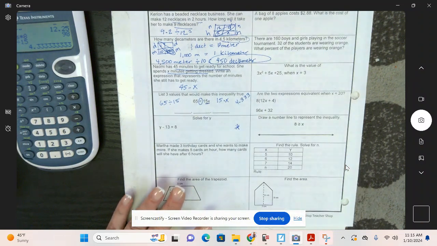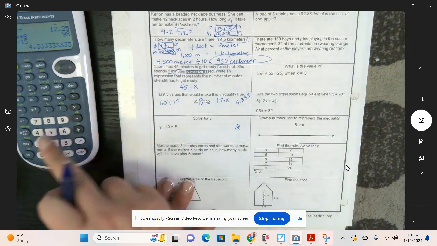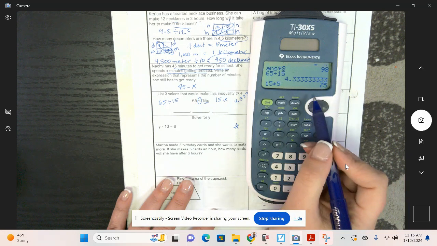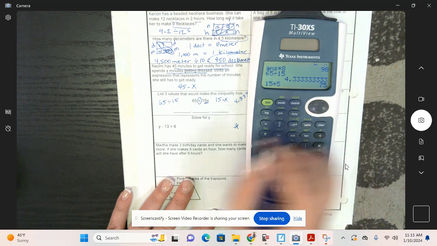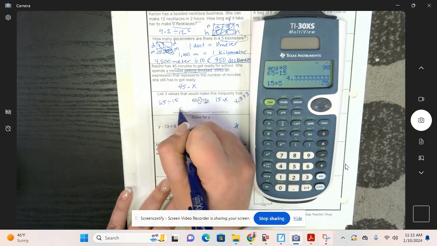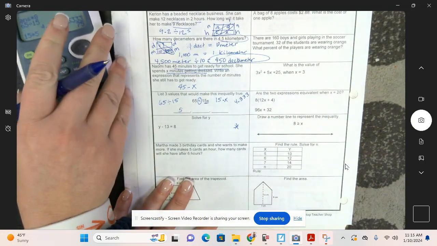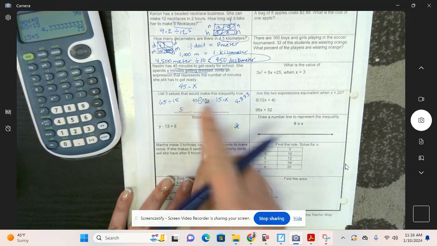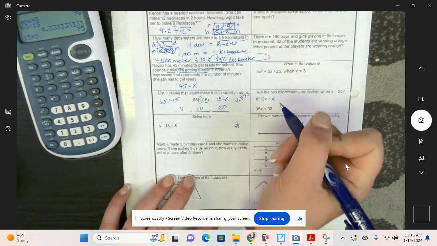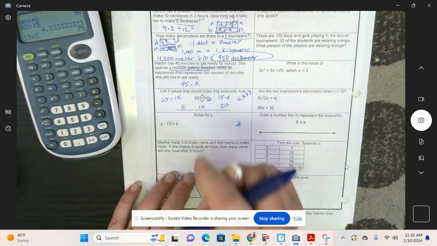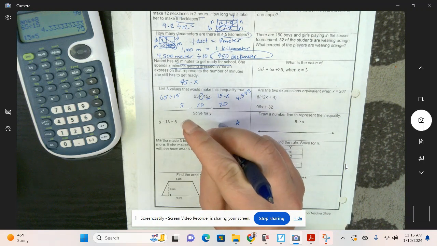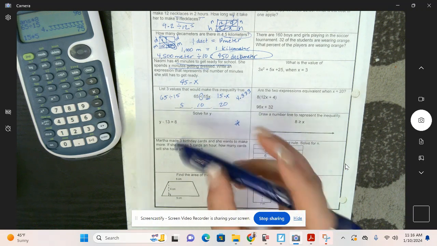So if I round up to 5, 15 times 5 is 75, and 75 is bigger than 65. Really, any number greater than 5, when multiplied by 15, is going to be bigger than 65. So I could do 10 and I could do 20. Any number bigger than 5 is going to work for that. All right, so this one I said you should be able to do on your own, so I'm going to let you try that one on your own.